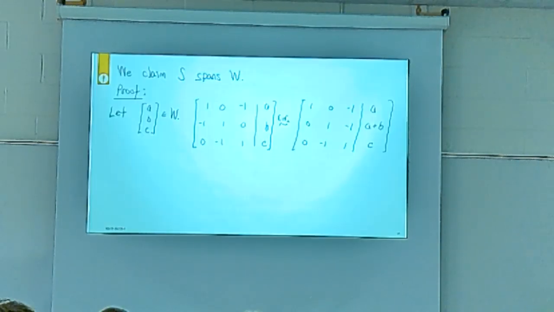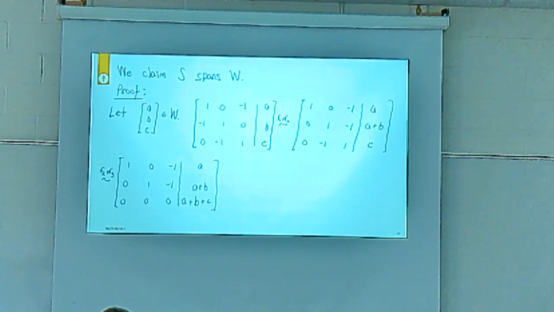And then row 2 plus row 3. Would give us this, right? But what do we know about A plus B plus C? 0.